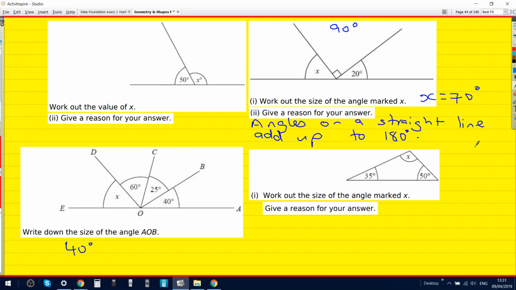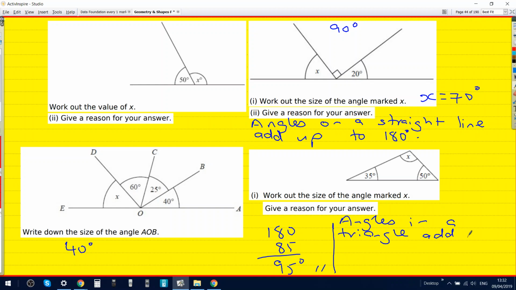So 50 plus 35, that's 85. 180 minus 85 is 95. Give a reason for your answer. Because all angles in a triangle add up to 180 degrees. Well done. Any questions about anything there?